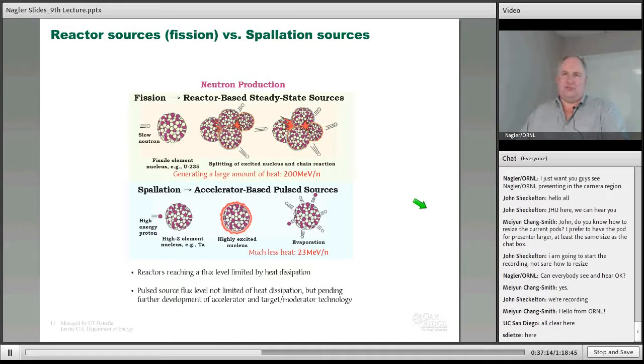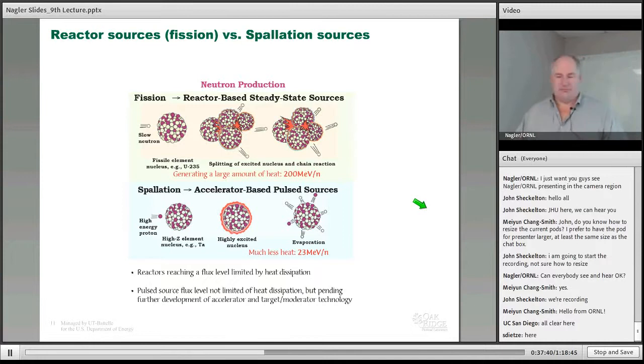Now, basically, since then, we've had nuclear reactors that operate in roughly the same fashion. Right? We have a fission event.